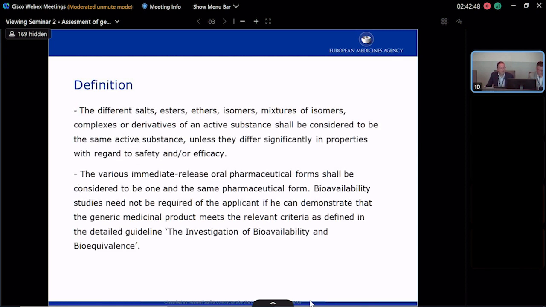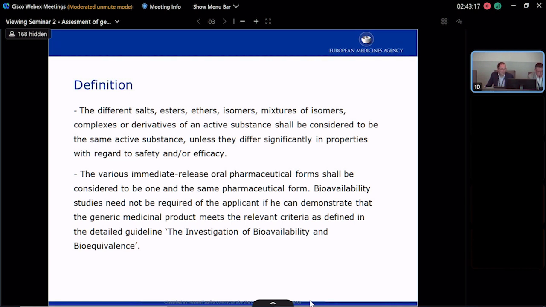The different salts, ethers, isomers, mixtures of isomers, complexes, or derivatives of the active substance shall be considered to be the same active substance unless they differ significantly in properties with regard to safety and/or efficacy. The various immediate-release oral pharmaceutical forms shall be considered to be one pharmaceutical form.